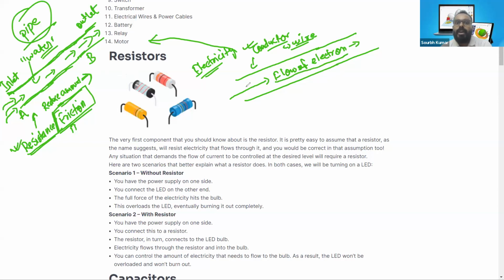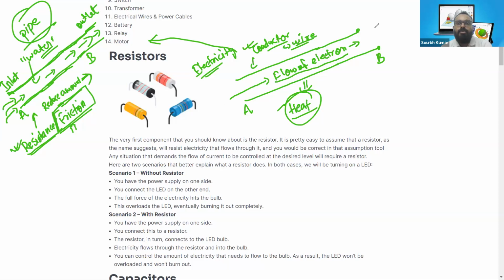Here we are delivering the electrons at point A and achieving the same at point B. Yes, there will be losses here as well, in this case heat loss due to friction. This is the general concept in electricity.